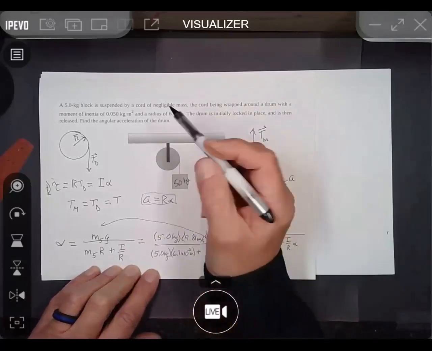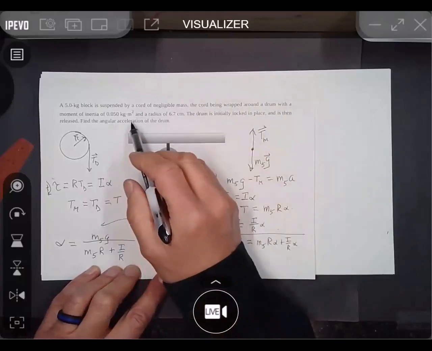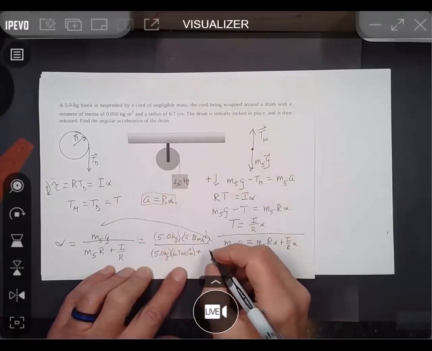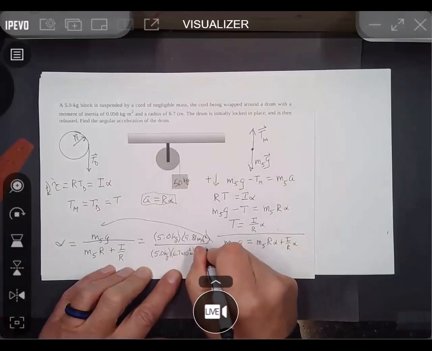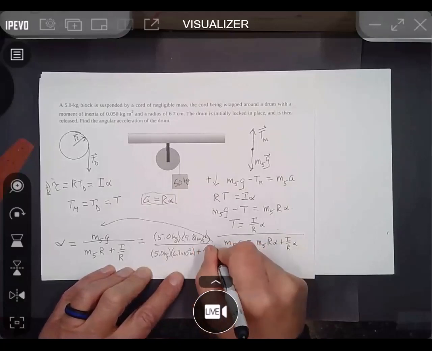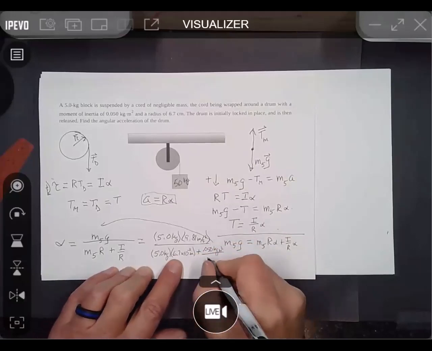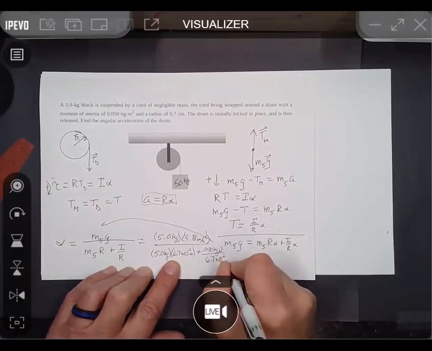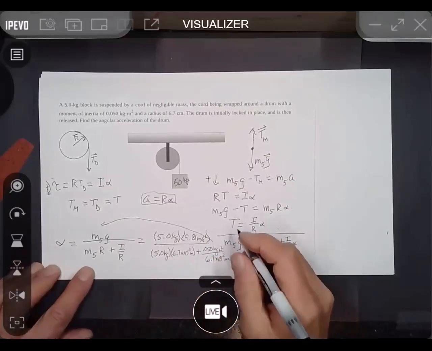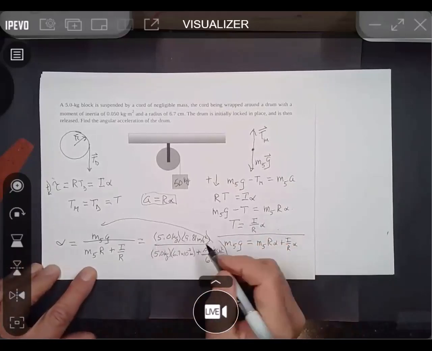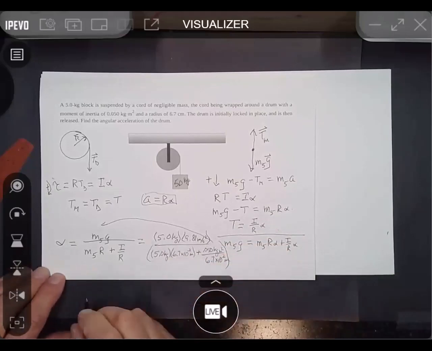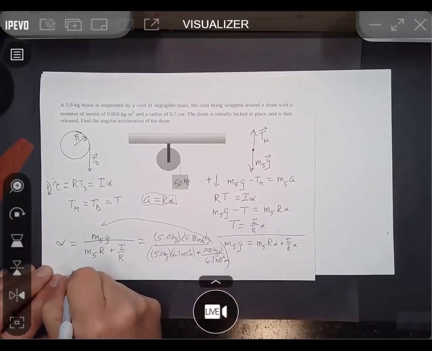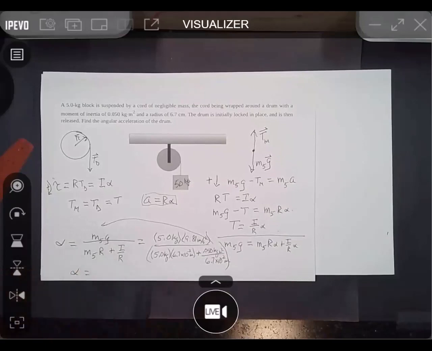Plus, that rotational inertia was 0.050 kilogram meter squared, and I'm dividing by, again, 6.7 times 10 to the minus 2 meters. So that's kind of crowded, but all of that has to happen in the denominator. So with that, I will use the fancy calculator today.